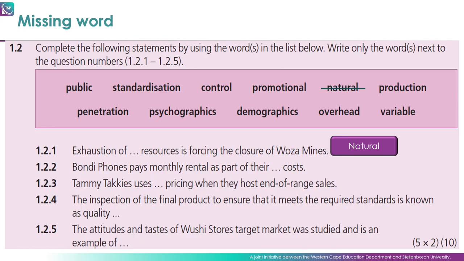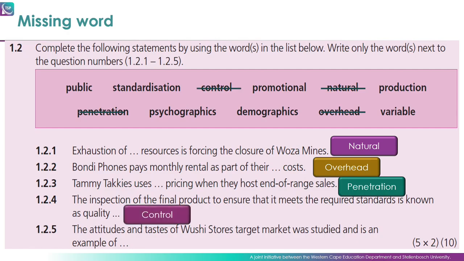Bondi Phones pays monthly rental as part of their overhead costs. Again, we've crossed out overhead. Tammy Takis uses penetration pricing when the host of end of range sales. Penetration we have crossed out. 1.2.4, the inspection of the final product to ensure that it meets the required standards is known as quality control.